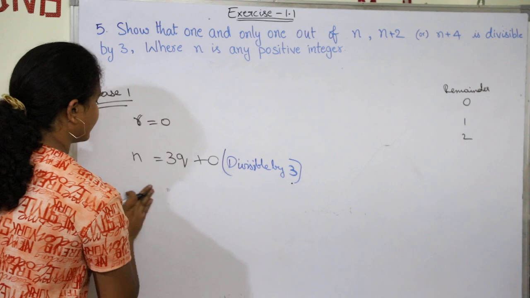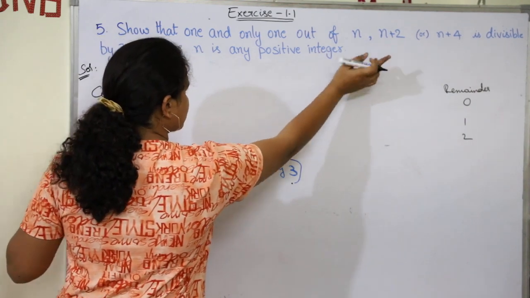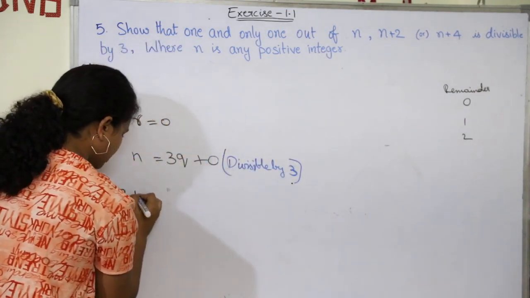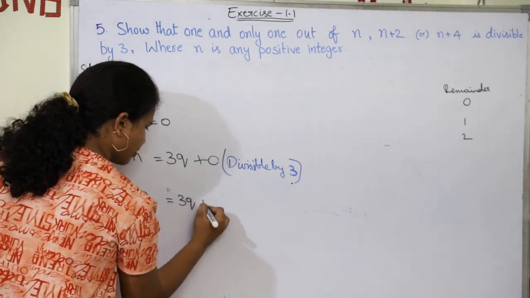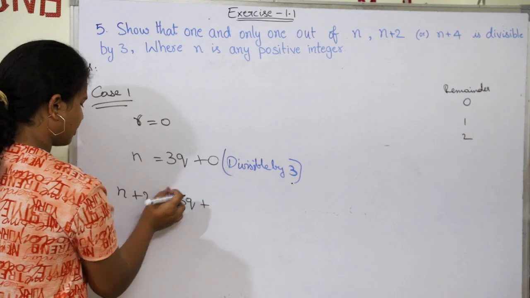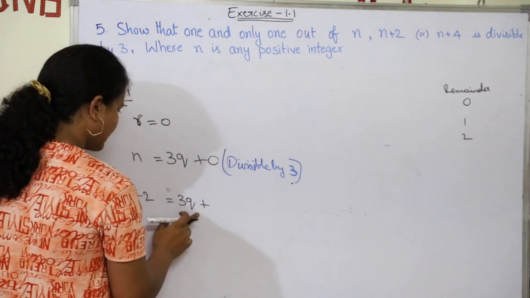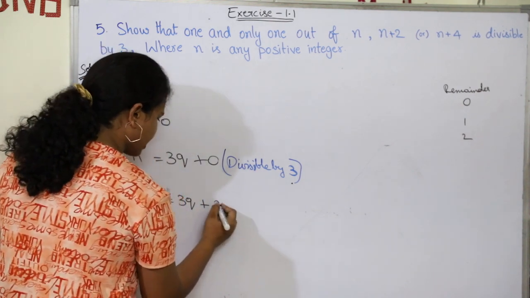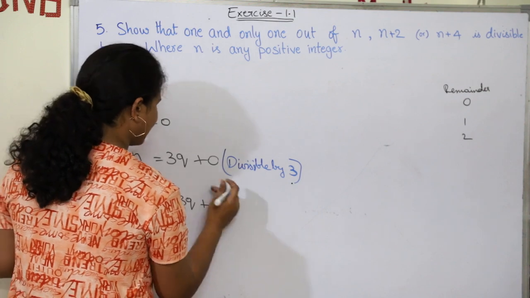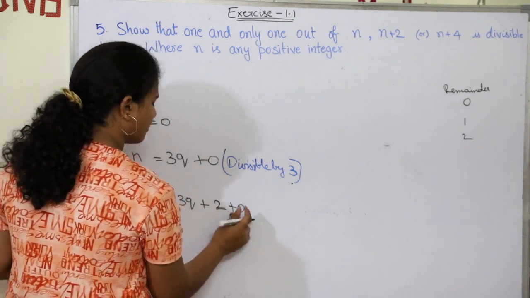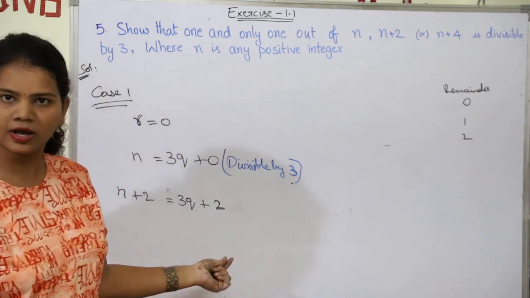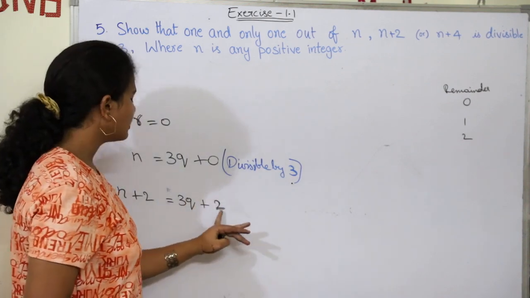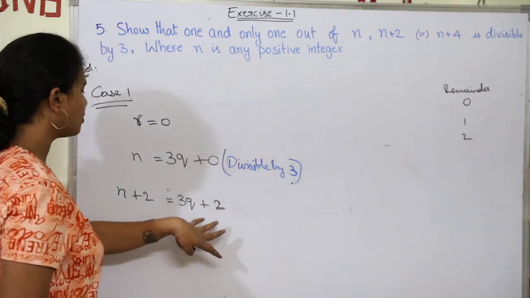Now let's go for the next one, n plus 2. Here n equals 3q, so n plus 2 becomes 3q plus 2. In the place of the remainder you have 2.